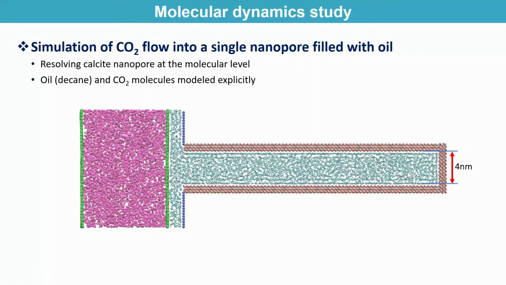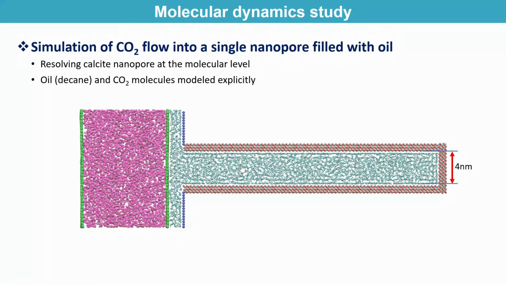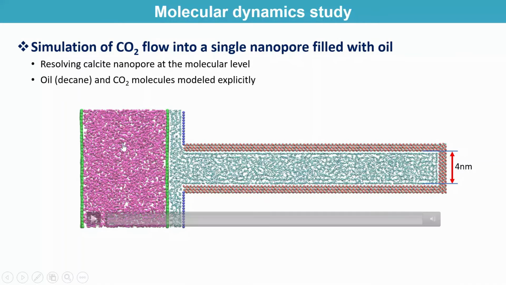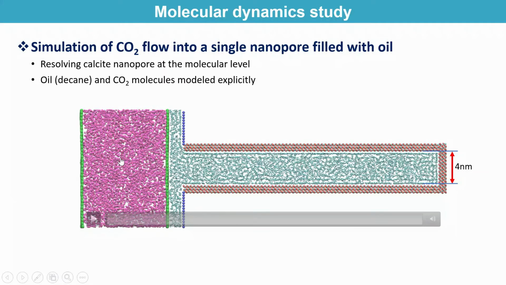Our system is made of a calcite nanopore with a width of 4 nanometers, and the nanopore is originally filled with highly pressurized oil, as in practical systems. On the right-hand side is a very large reservoir of CO2, and this mimics the CO2 injected into the shale formation.